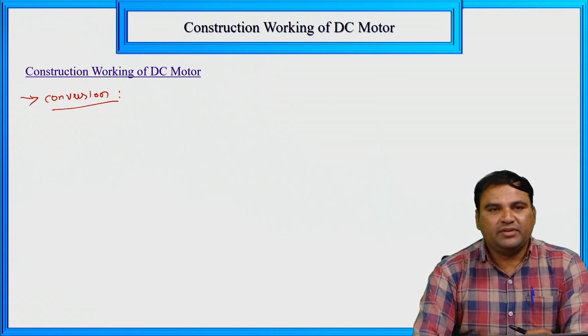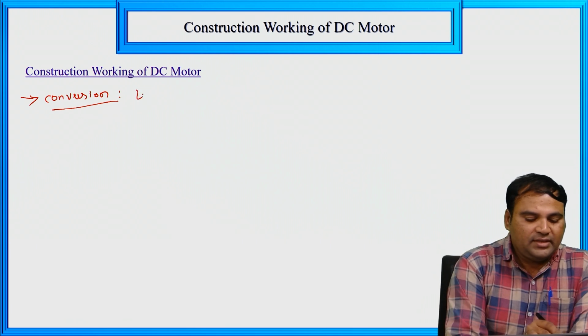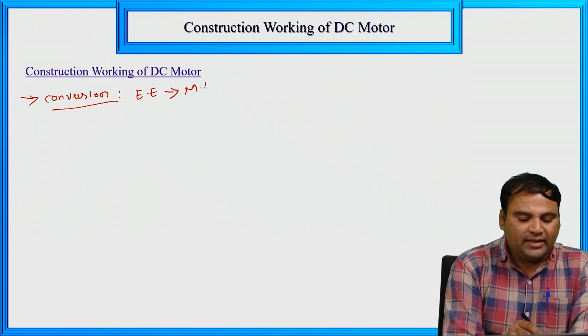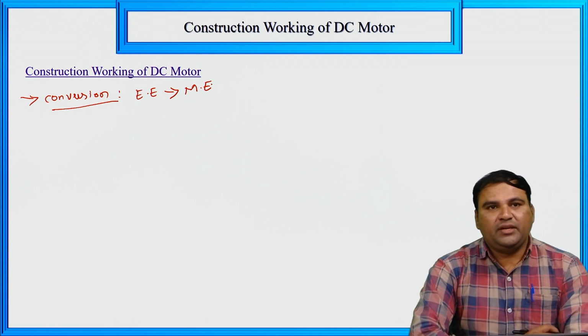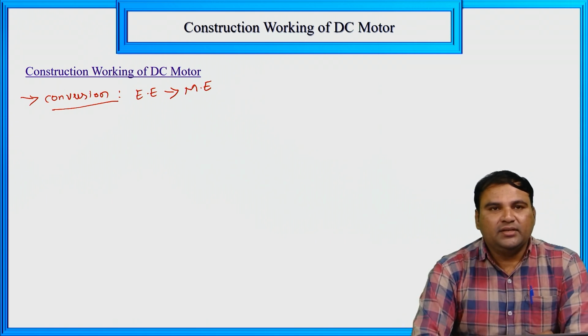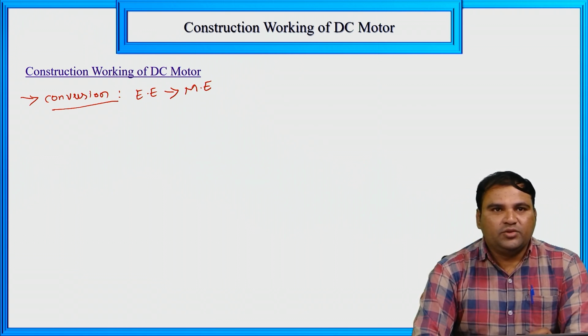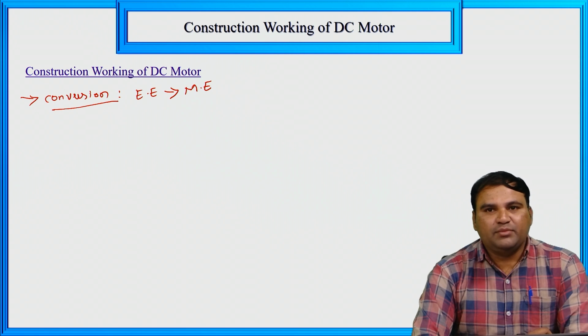If you give the input as electrical supply, the output side will get the mechanical power. So that is the conversion of the DC motor.